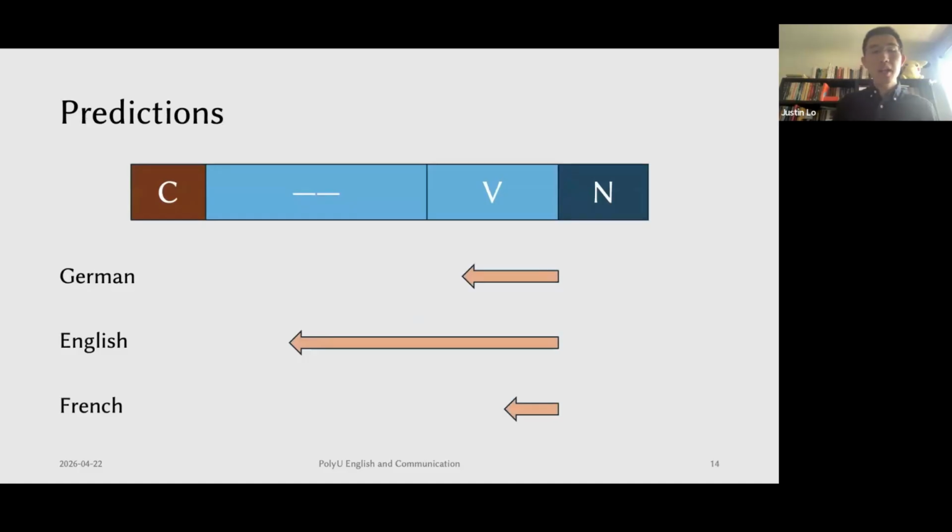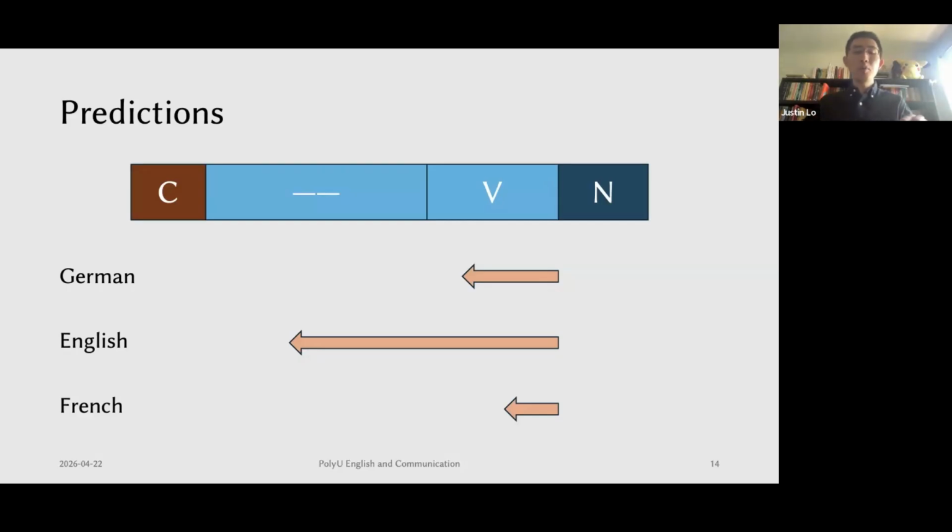Our prediction is that French, at the bottom here, should have very little co-articulation. The idea is that if you have co-articulation on the vowel, then the oral vowel becomes more nasalized. And because French has nasal vowels, if you have a nasalized vowel competing with a nasal vowel, it creates more confusion for the listeners.